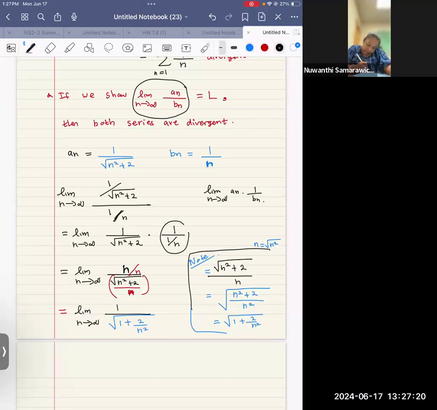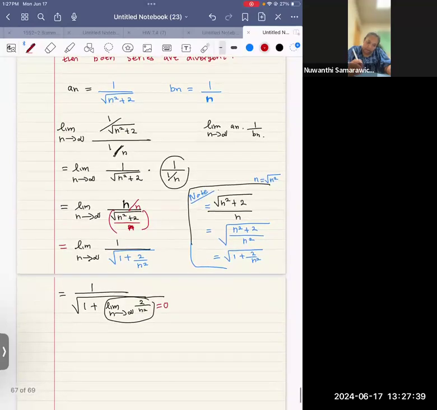Now take the limit when n approaches infinity. This whole thing becomes 0. Then this is equal to 1. So when n approaches infinity, a sub n divided by b sub n is equal to 1. Then what can we say about the other series?